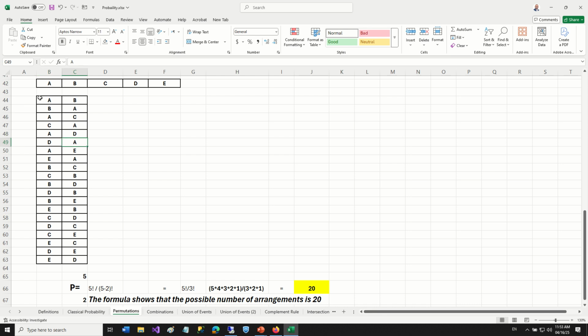If we count all of them, we get 20 possible arrangements. So let us now apply the permutation formula: P 2 out of 5 equals 5 factorial divided by (5 minus 2) factorial, equals 5 factorial divided by 3 factorial, that is finally 20, which is the same number.